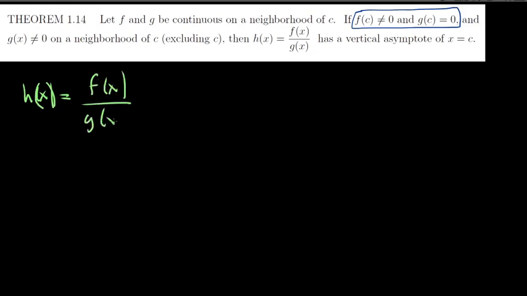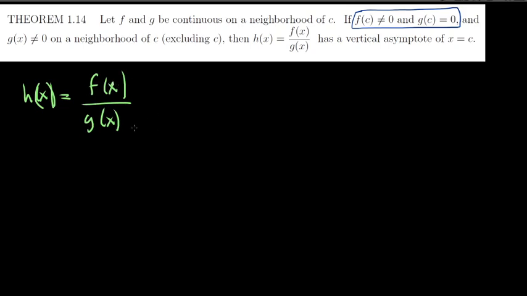If f of c is not 0, I should be clear on that, and g of c is equal to 0, and g of x is not 0 near c, then h of x, our rational function, has a numerator and denominator. The numerator is f. The denominator is g.